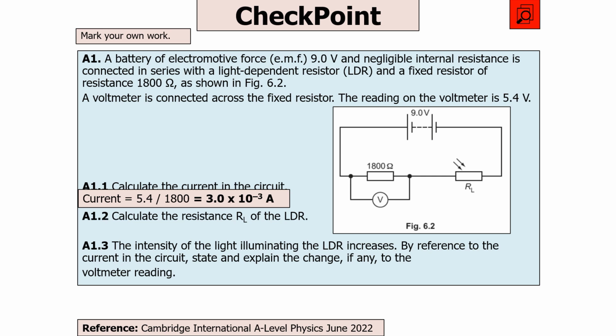What's the resistance RL of the LDR? Well, you ratio the two of them because V is directly proportional to R. So if 1800 ohms takes 5.4 volts, what will 3.6 volts get you? Remember, because we know that if there's 9 in total and the other one takes 5.4, that one must take 3.6. So therefore we get our answer to be 1200 ohms.